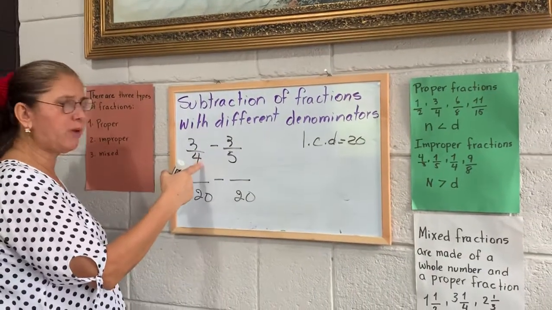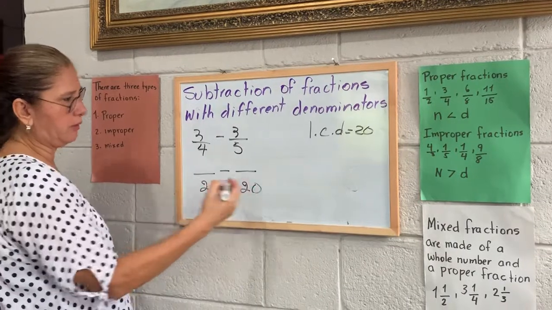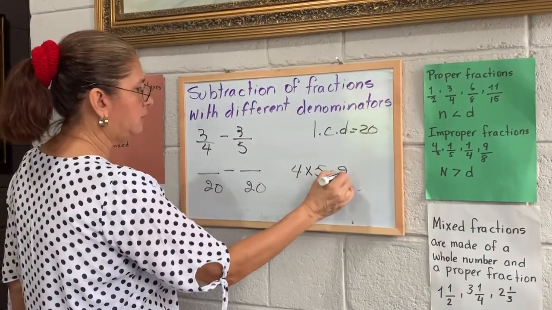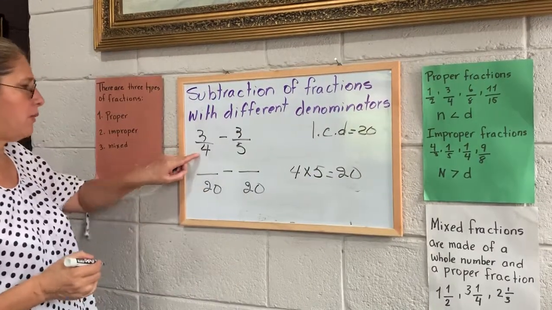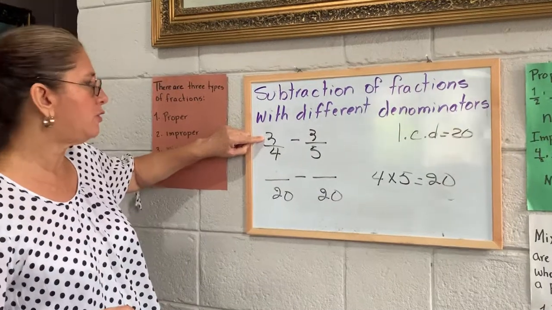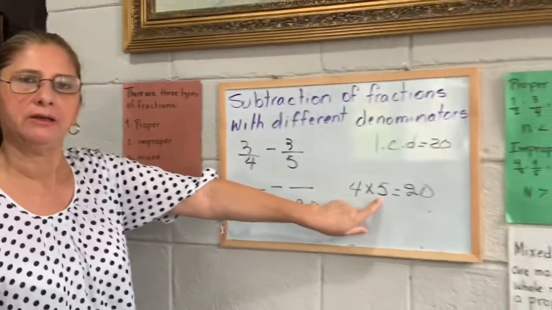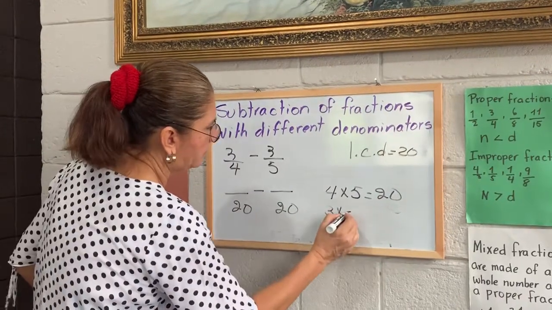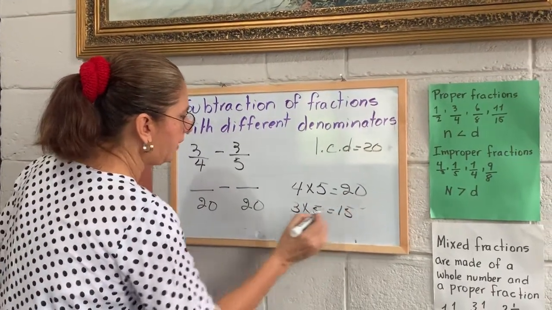What number do you multiply 4 by to get 20? You multiply 4 times 5 equals 20. Because you multiply 4 times 5, the numerator you have to multiply by 5. 3 times 5 equals 15.